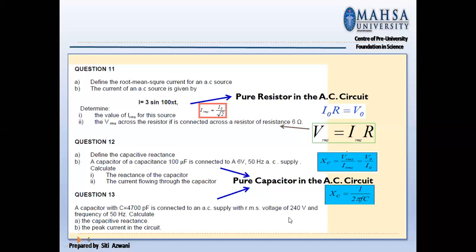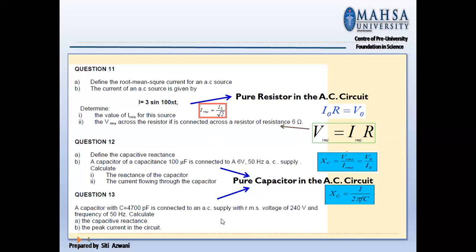After that, remember the formula IRMS equals I naught divided by the square root of 2. So you can get the value of your peak current, the maximum of your current, from this equation.